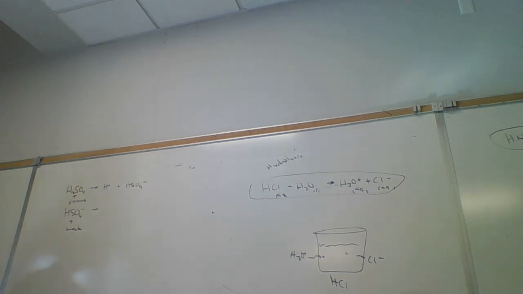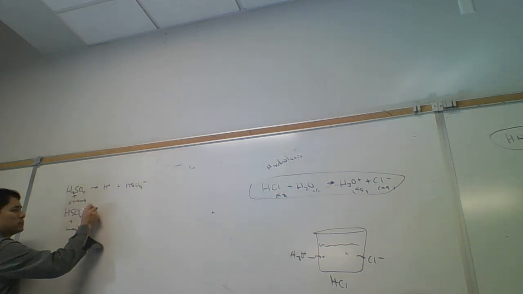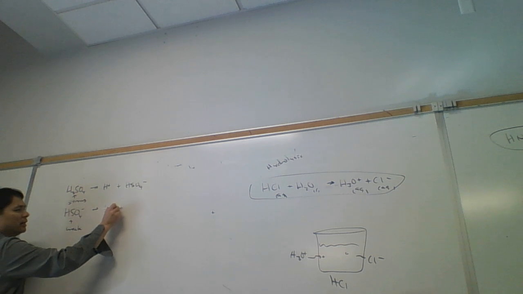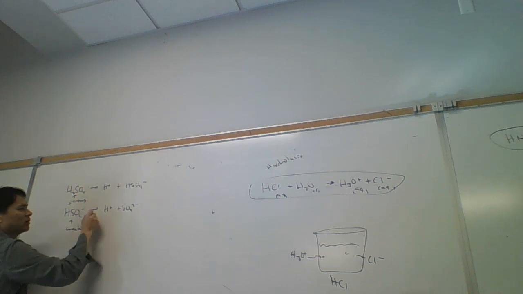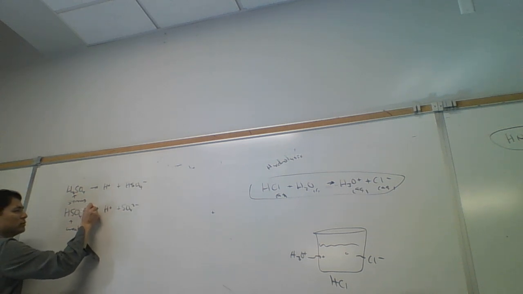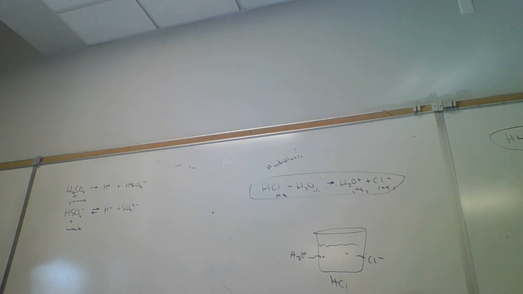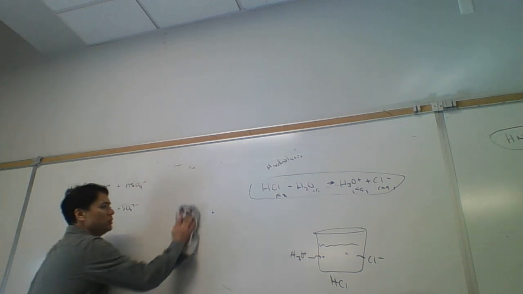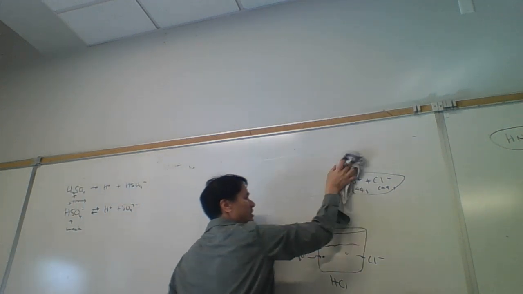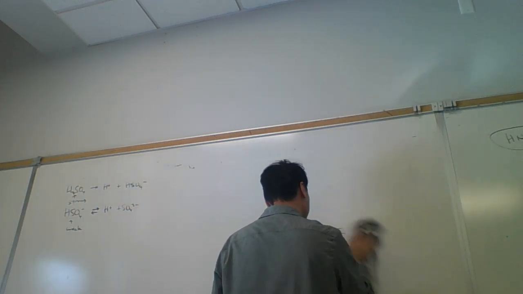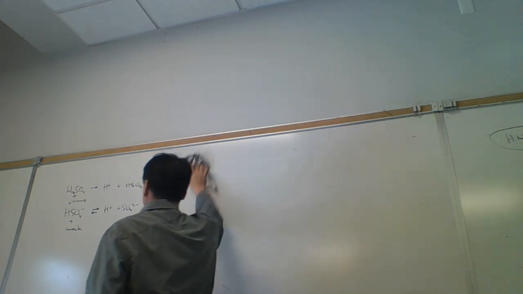And weak acids are weak electrolytes. Weak electrolytes only partially ionize. To show that it only partially ionizes, I'm going to write 2 arrows, saying that this is not complete ionization, it's partial ionization. Usually when we have partial ionization, the extent of the ionization is pretty small typically.